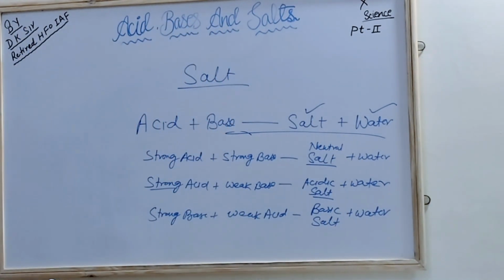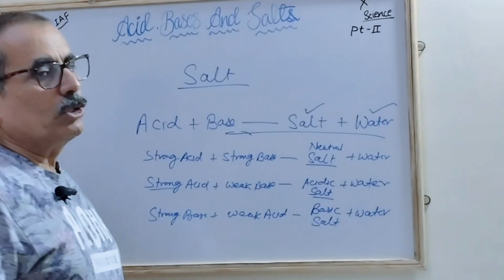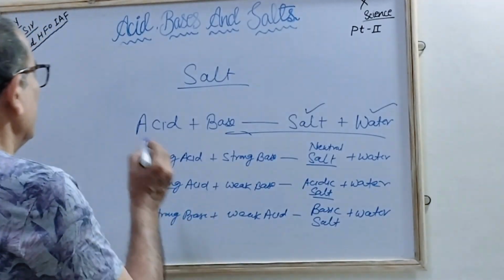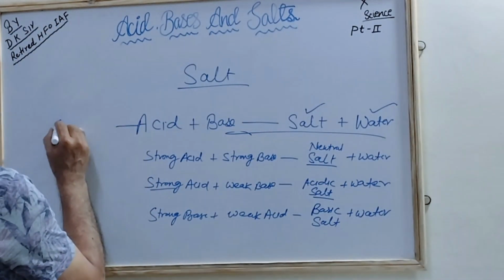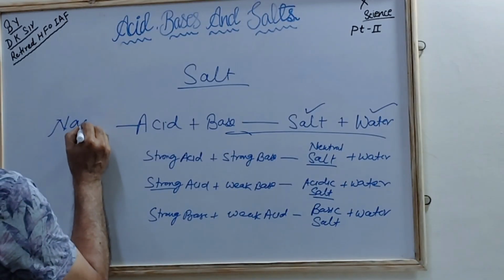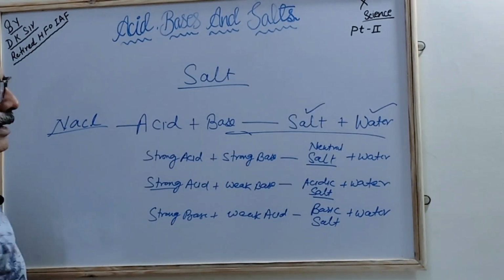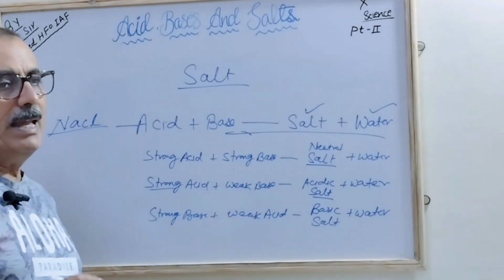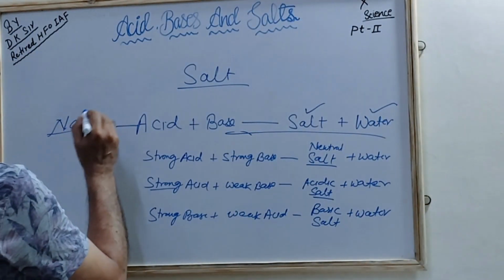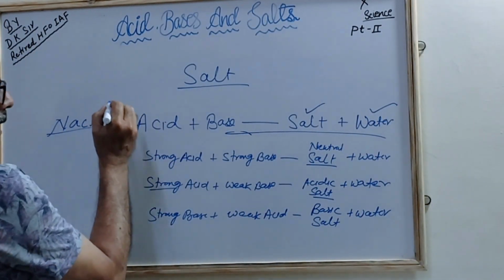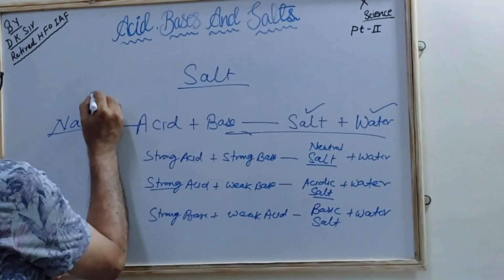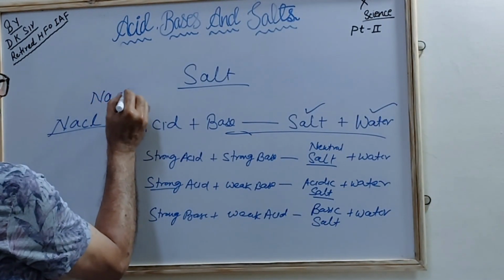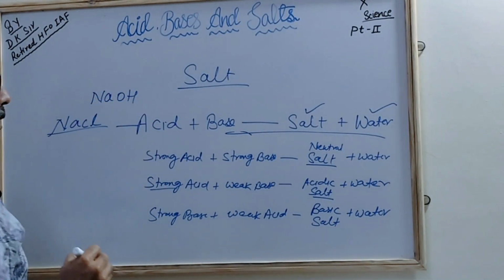It depends upon what type of salt you are using, that is sodium chloride. Sodium chloride is a neutral salt which we are using, and it is made from a strong acid and a strong base. The strong base is NaOH, sodium hydroxide.